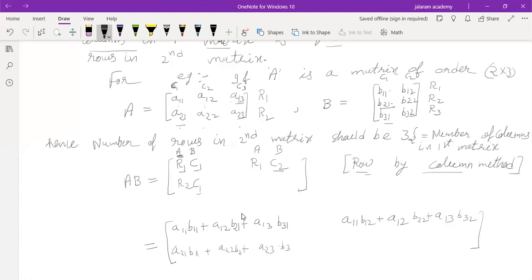And in this also, repeat R2, C2, means row 2 of first matrix, very easy, A21, A22, A23, and column 2 of second matrix B, which is B12, B22, and B32.